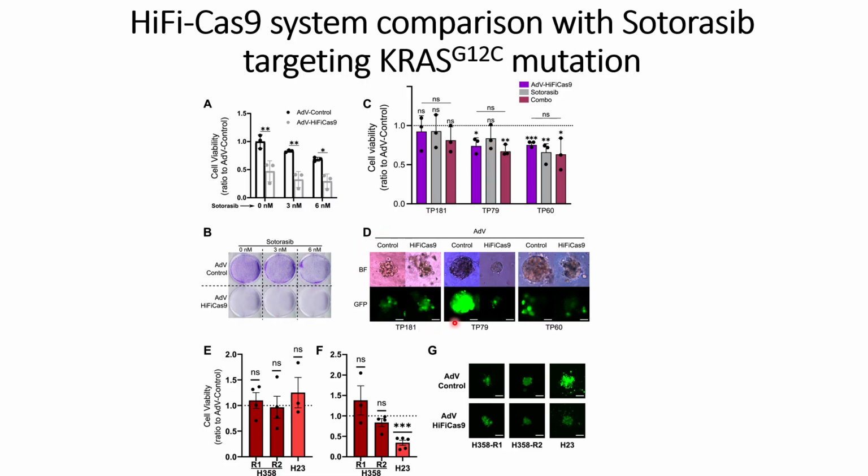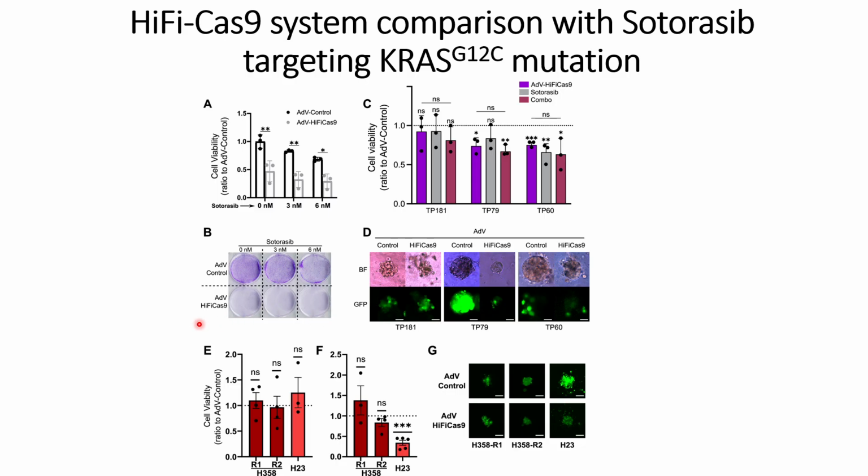The immunofluorescence images are also shown here. For TP181 there is not much difference, but for TP79 with the HiFi Cas9 system we can see a decrease in the GFP signals, and for TP60 we also see a slight decrease in the signals.